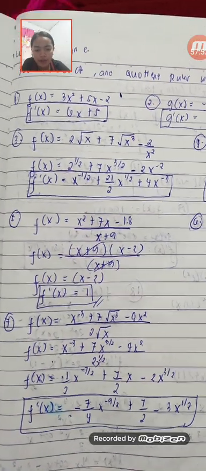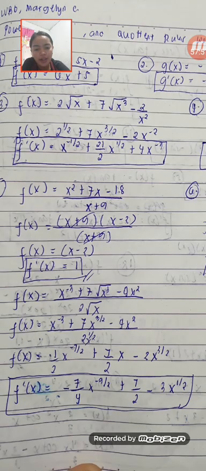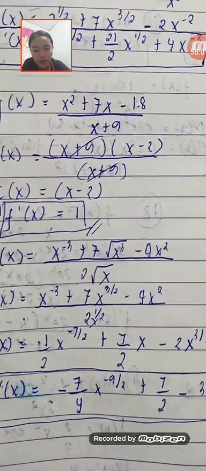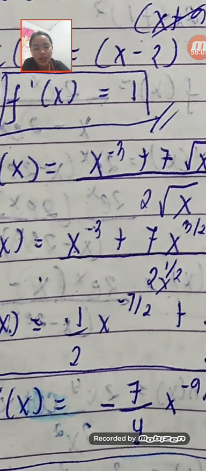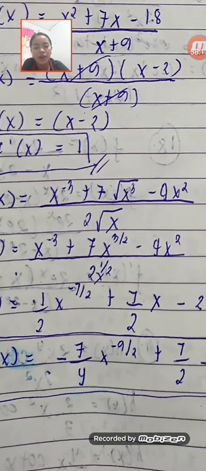And for our number 7, we again just need to simplify them first before getting their derivatives. So 2 minus 1, we have x minus 3 divided by 2x. You just need to distribute this into their terms.